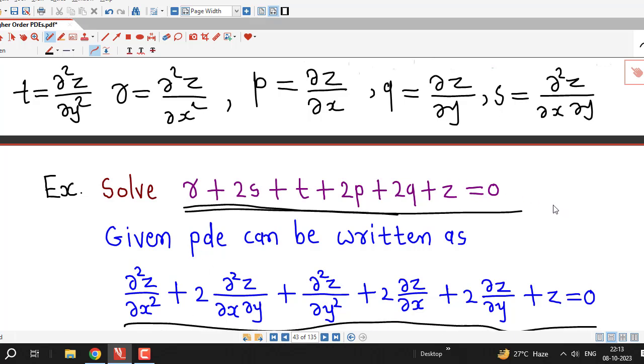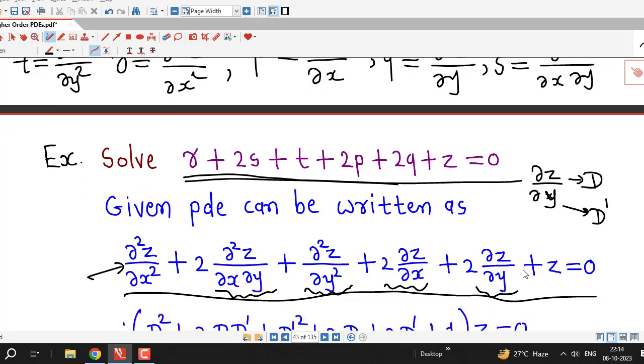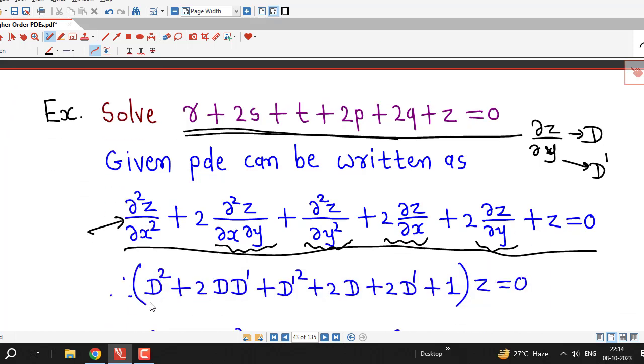And now if we use the notation that del z by del x is denoted by capital D, del z by del y is denoted by d dash, then this is nothing but D square plus 2 times D into D dash plus D dash square plus 2D plus 2D dash plus 1, acting on z, equal to 0. So that I have written here.